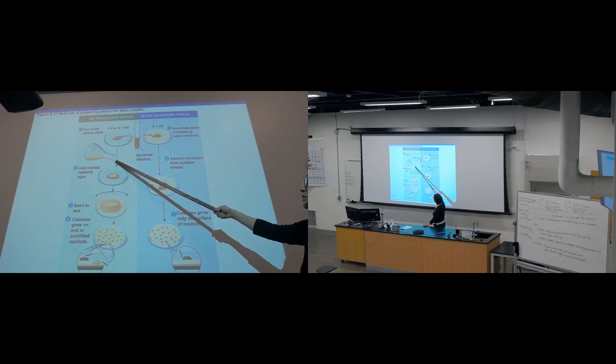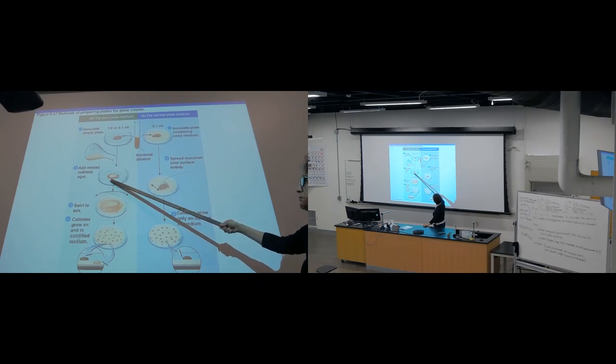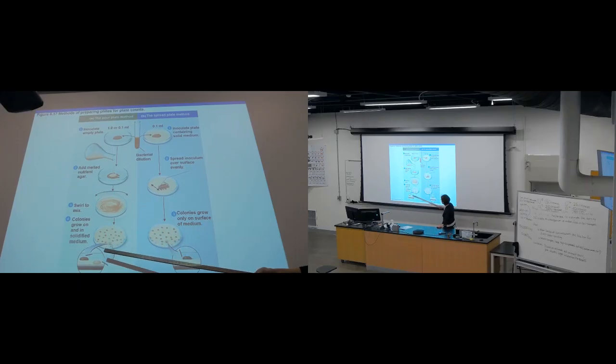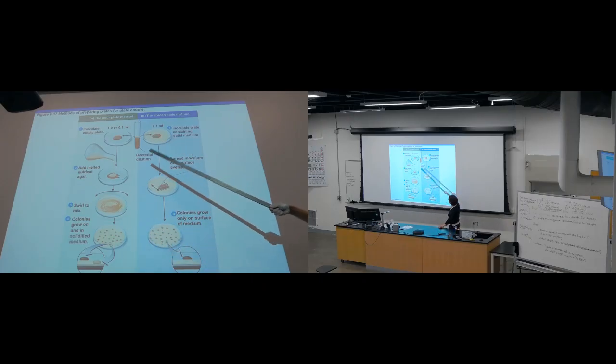And then you have melted nutrient agar. You put it on top of the sample, you swirl it, and then all the bacteria distribute within this media, and then some bacteria will grow on the top, and some in the middle. So this is a nice technique.